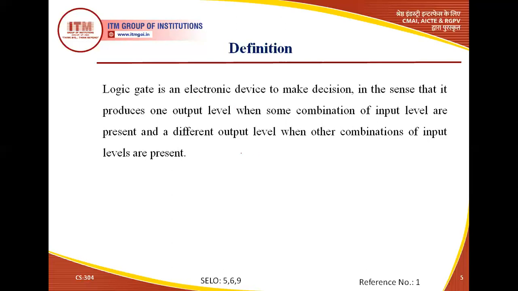So that is the definition of the logic gate. It means the logic gate produces different outputs for different inputs. If we change the condition of the input, then the output of the logic gate will change. So that is the definition, and they also work according to their logic.